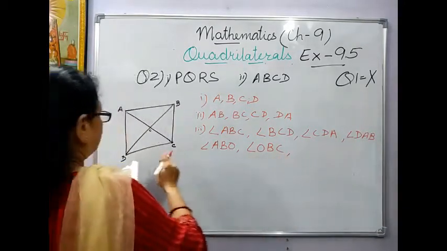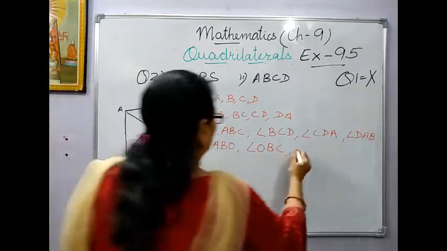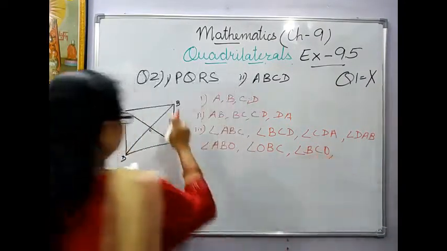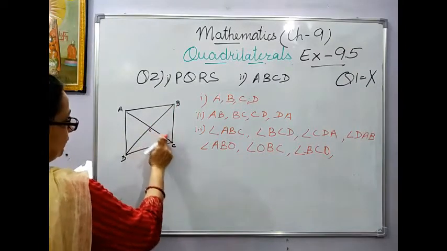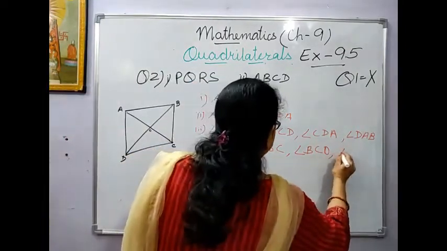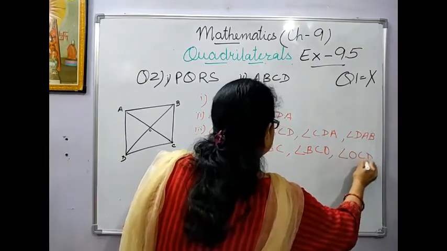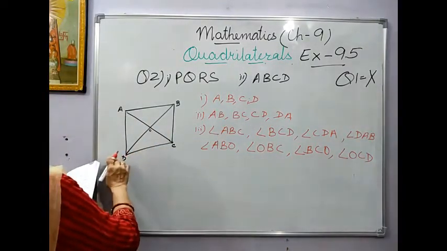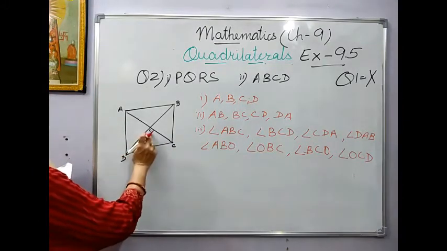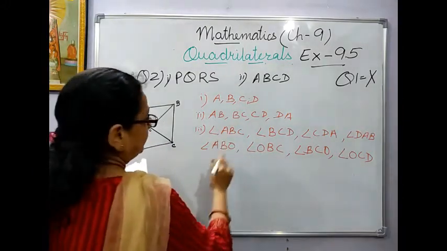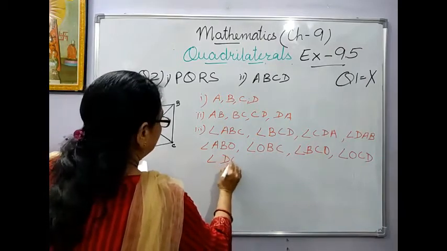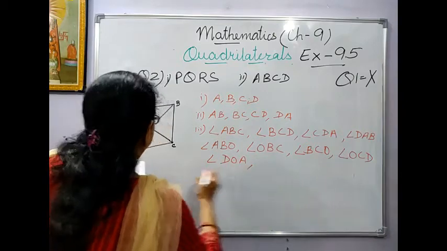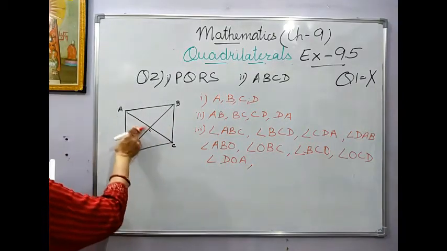Then you can have angle BCO. Then you can have angle OCD. Clear? Then you can have angle DOA. Then you can have angle OAB.